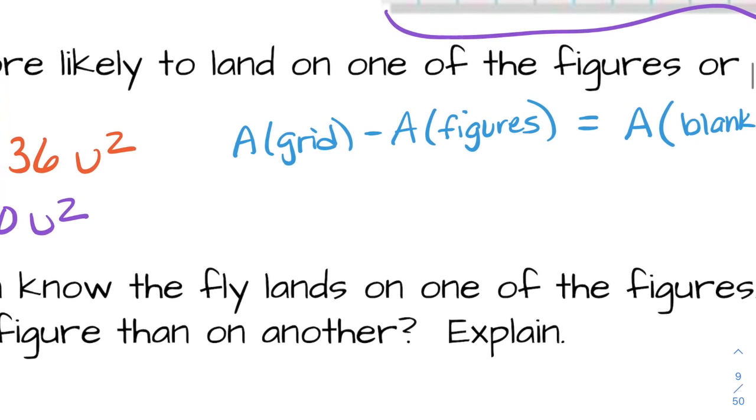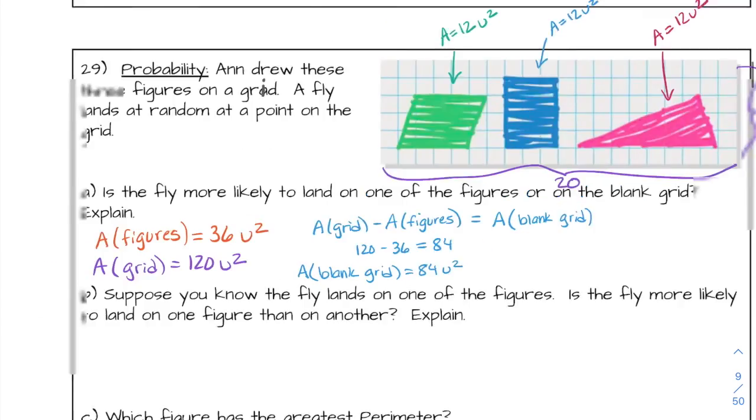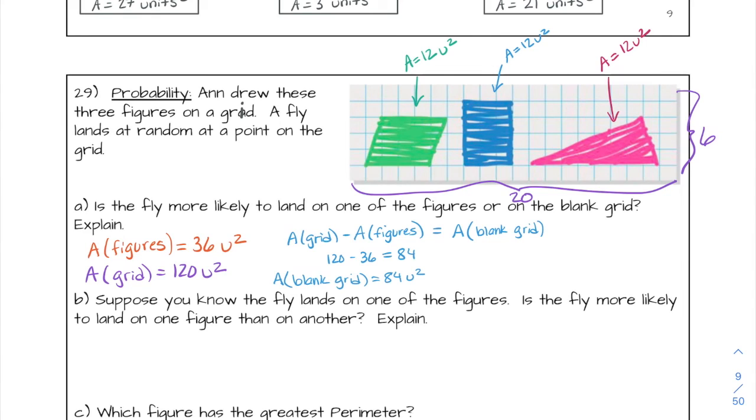So we have 120 take away 36, which is 84. So the area of the blank grid is 84 units squared. So the way to determine the probability or which one's more likely, well, we see that there's just more area, so it's going to be more likely.